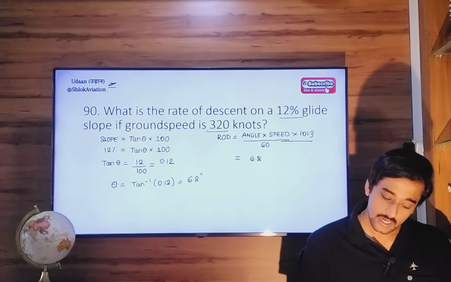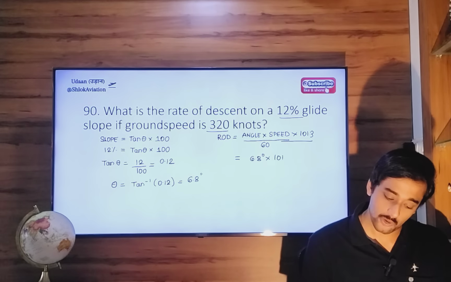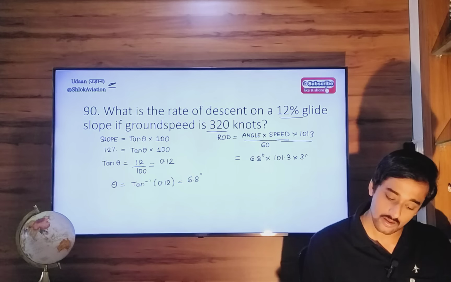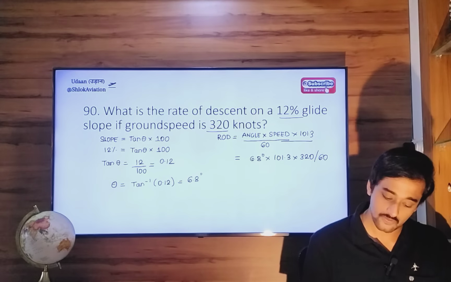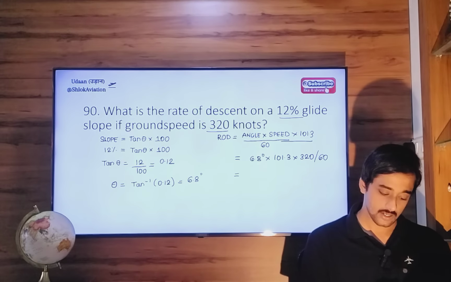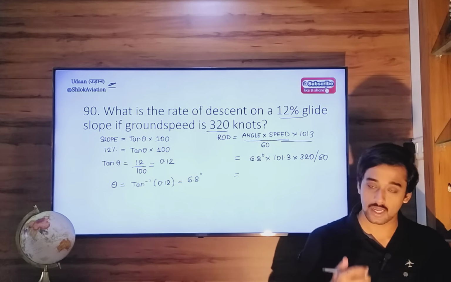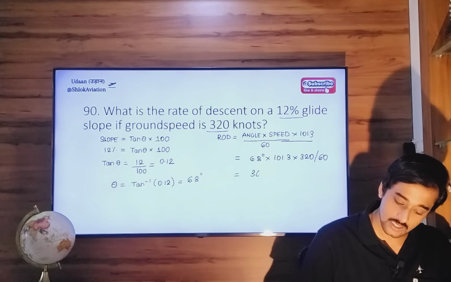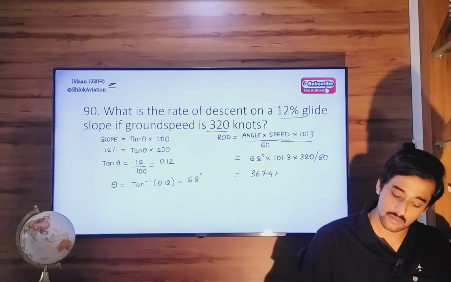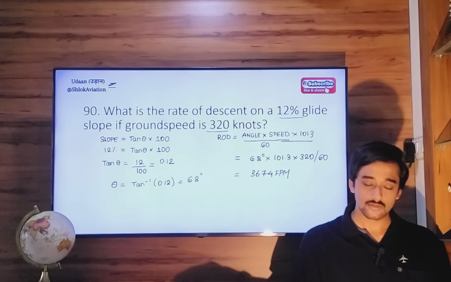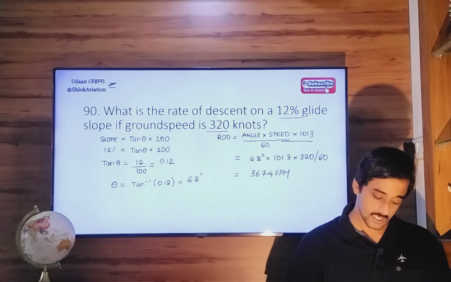So 6.8 degrees into 101.3 into 320 divided by 60 is 3673.8. 3674 feet per minute. Okay, 3674. So we'll stop here.